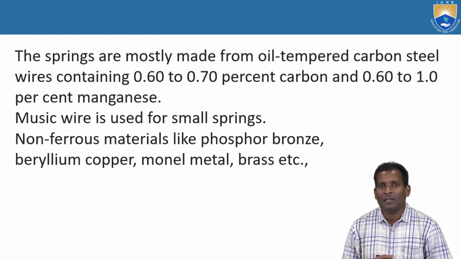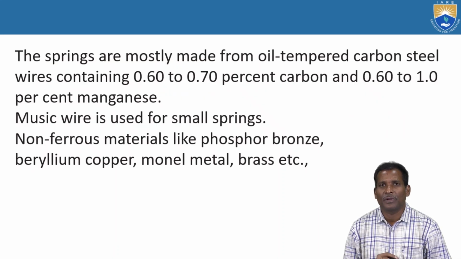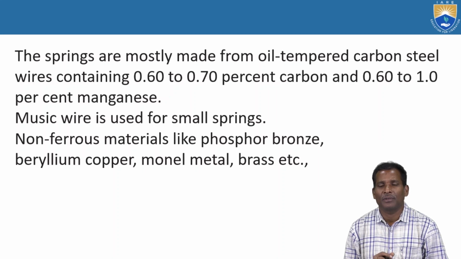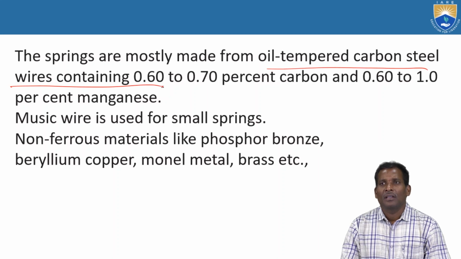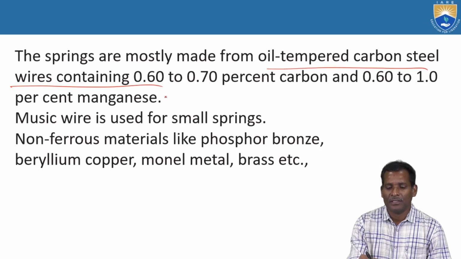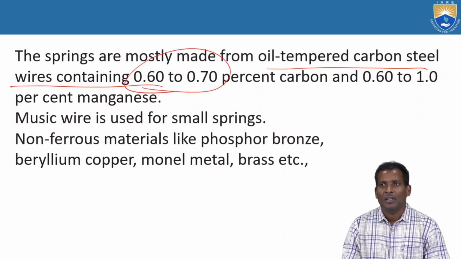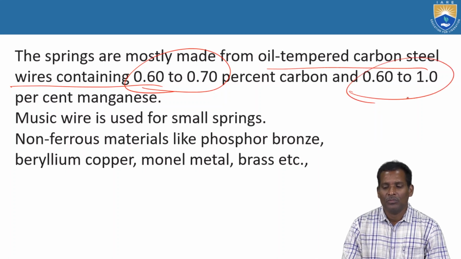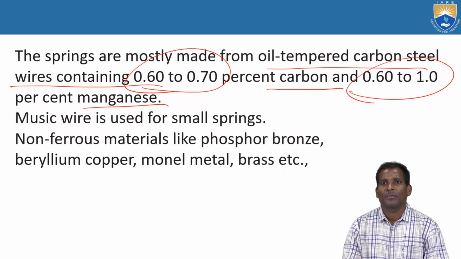Next, what are the materials? Springs are mostly made from oil tempered carbon steel wires containing 0.6 to 0.70% carbon and 0.60 to 1% manganese. So it contains carbon and manganese.